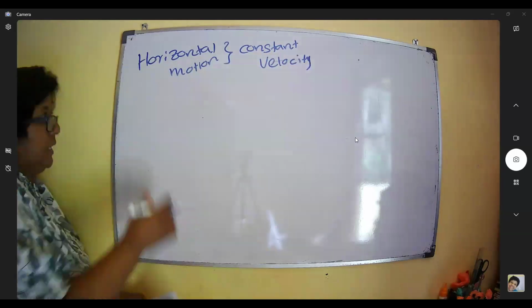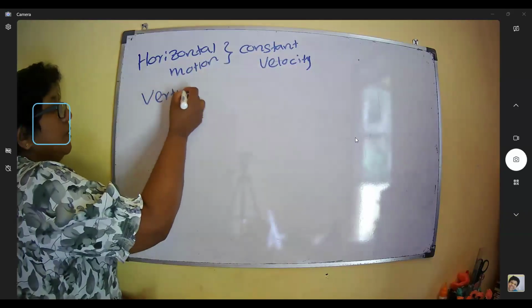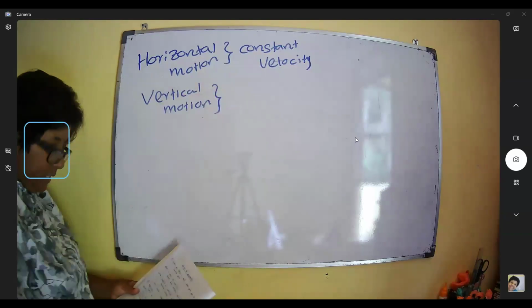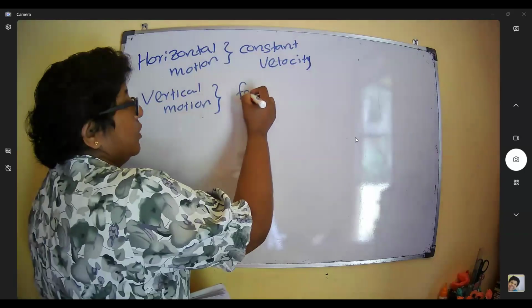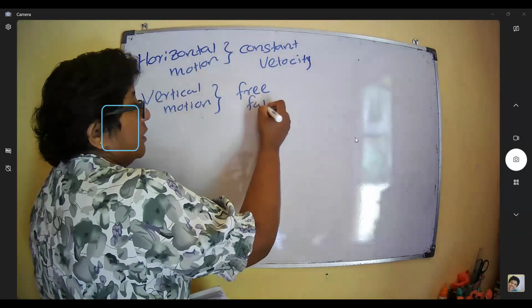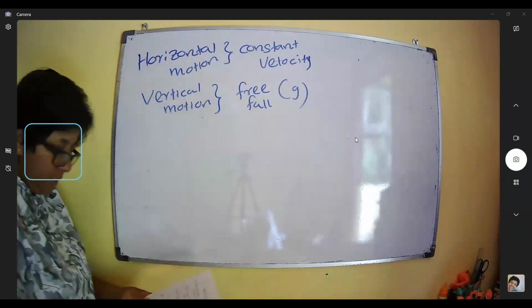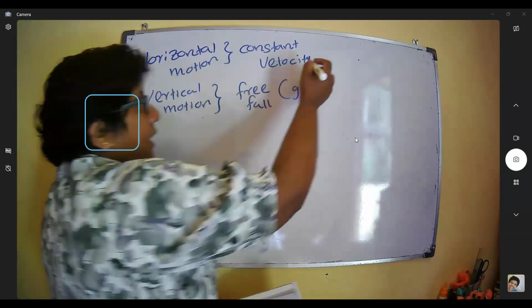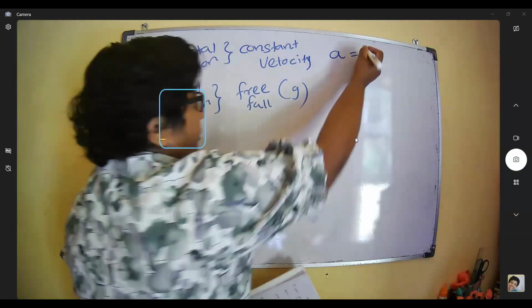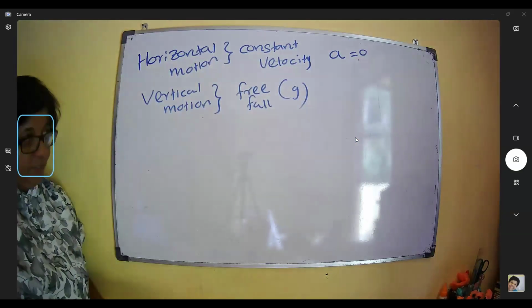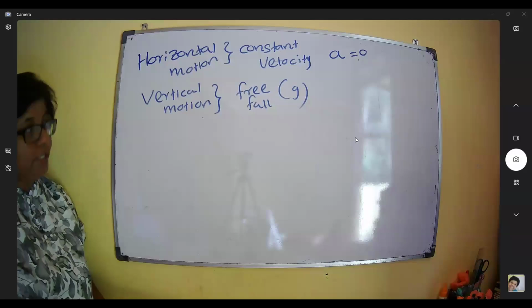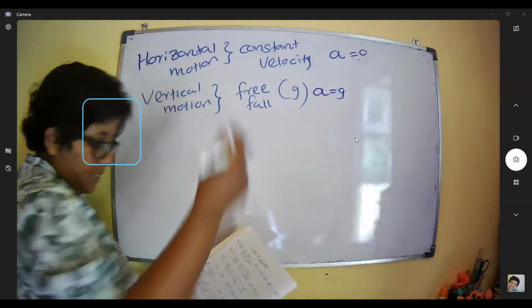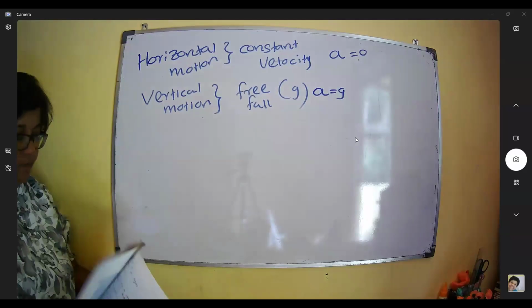And the other one is vertical motion. In the vertical motion, it is just like a free falling object under gravity, right? In the horizontal motion, we can say a is equal to 0, no acceleration, and v is also constant. But in the vertical motion, a is equal to g, acceleration due to gravity, and velocity changes, right?